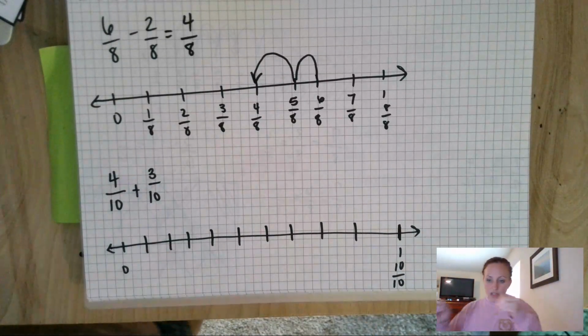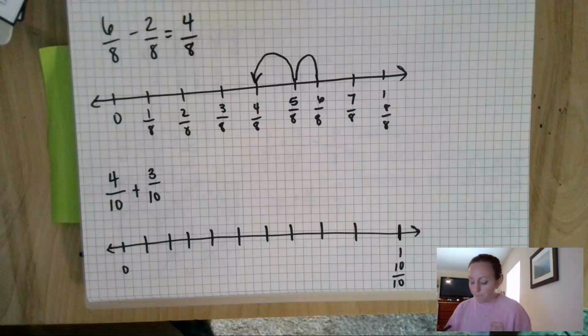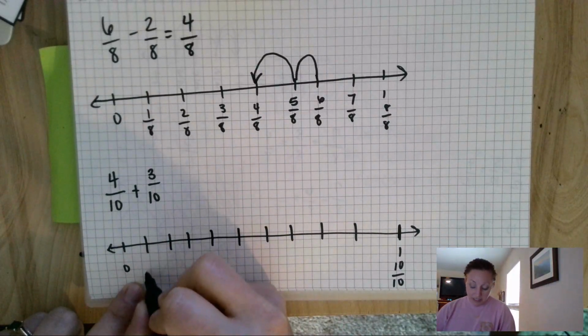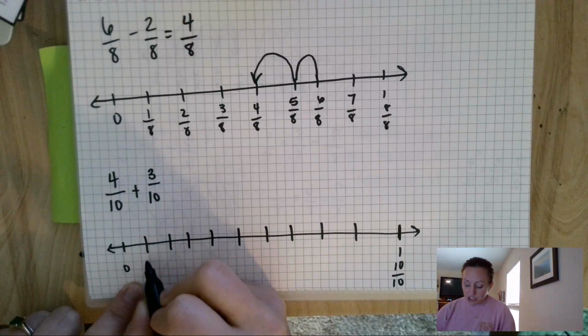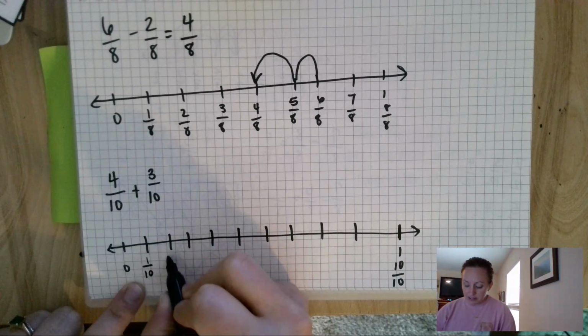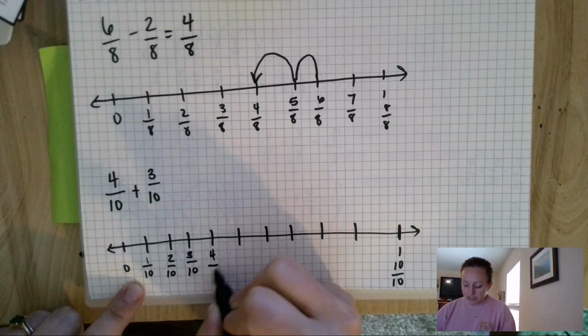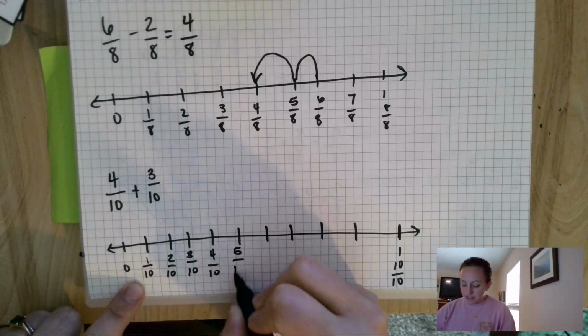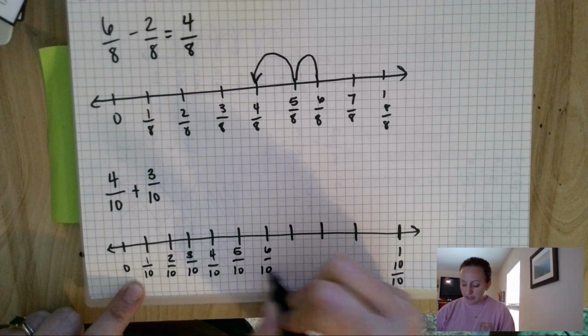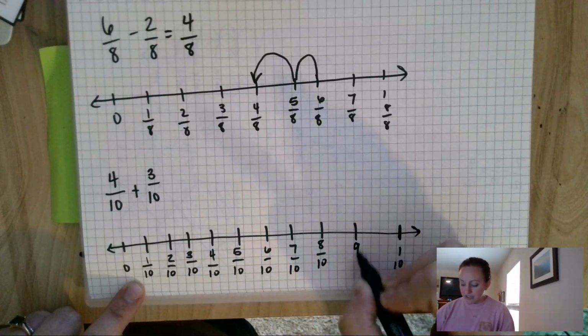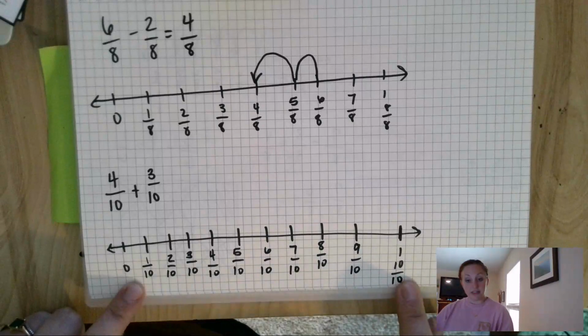The numerator and denominator being the same is the same as a whole. Okay, and when I'm labeling these, my denominator is going to be a 10 every time, and I just start with 1. 1/10, 2/10, 3/10, 4/10, 5/10, 6/10, 7/10, 8/10, 9/10, and then remember 10/10 is one whole.